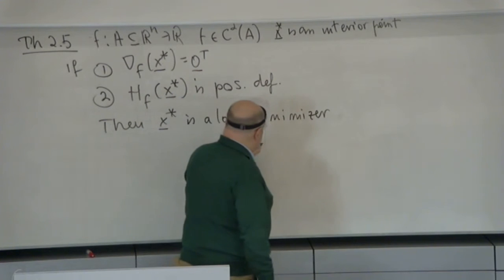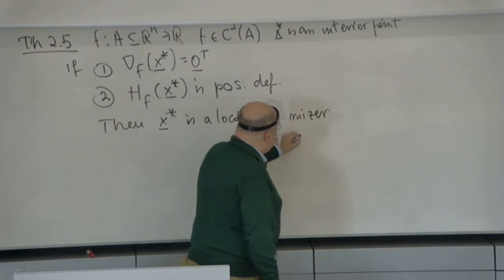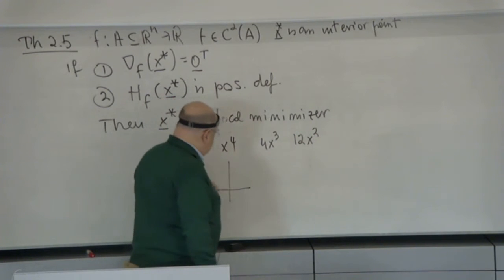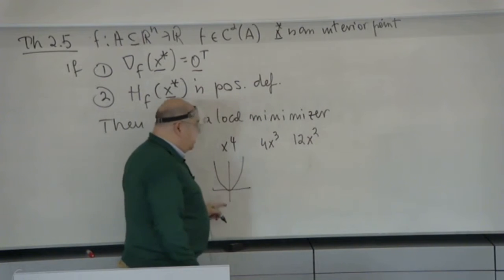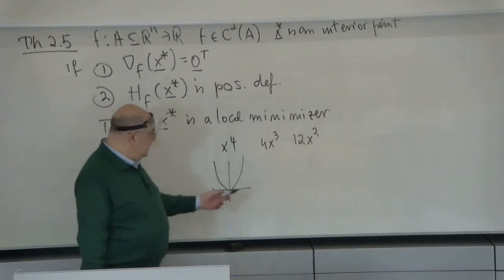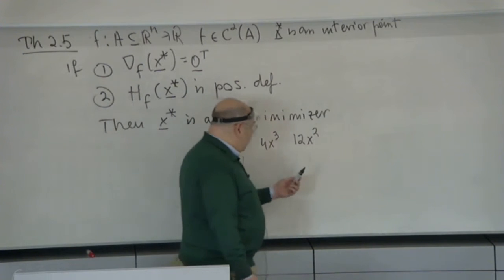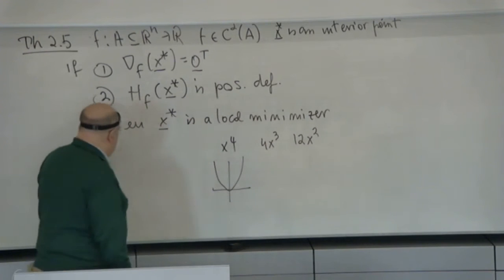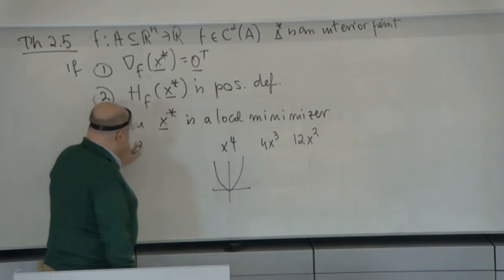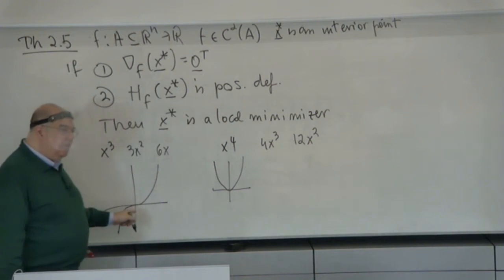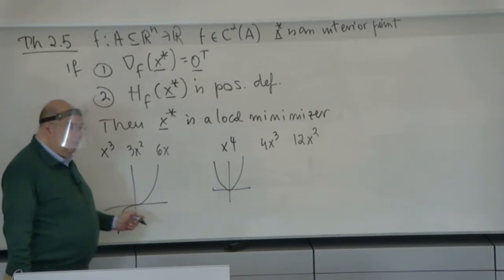The first derivative is 4x cubed, and the second derivative is 12x squared. Of course, 0 is a minimizer, and the second derivative at 0 is 0. But if you take x cubed, the first derivative is 3x squared, the second derivative is 6x, and again the second derivative is 0 at 0, but it is not a minimizer.